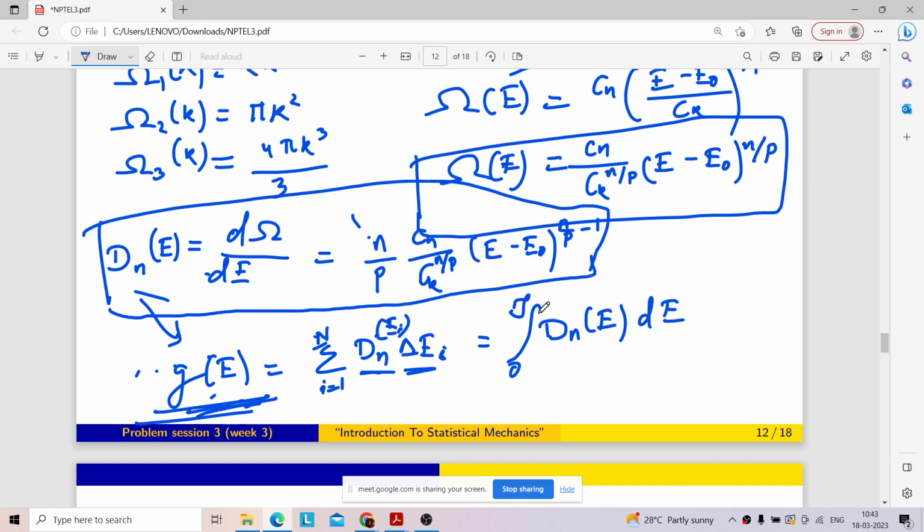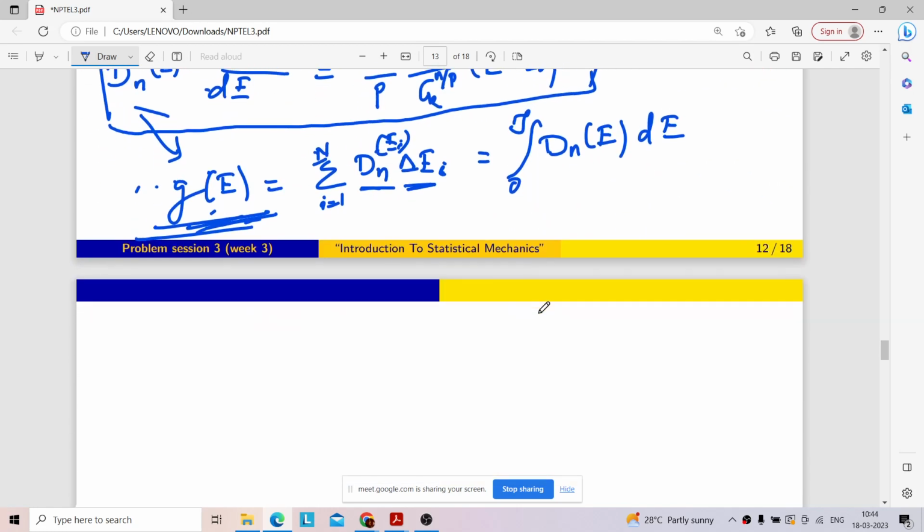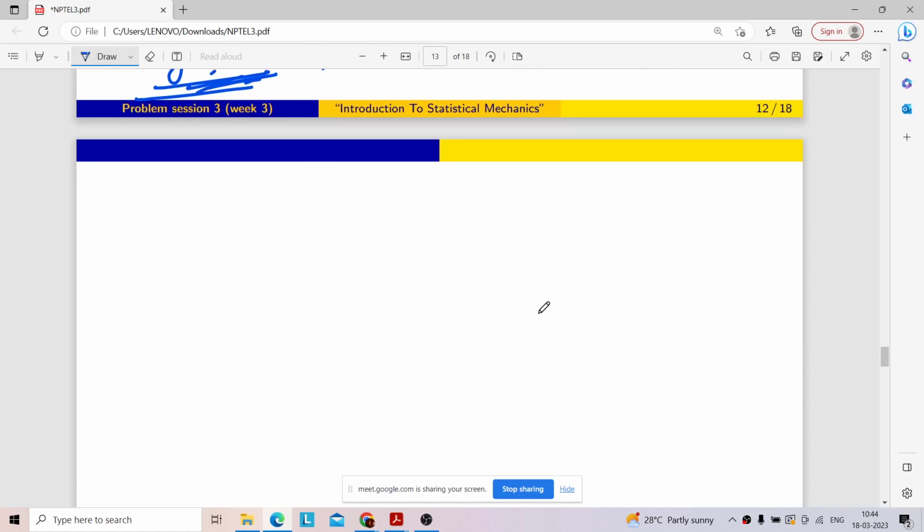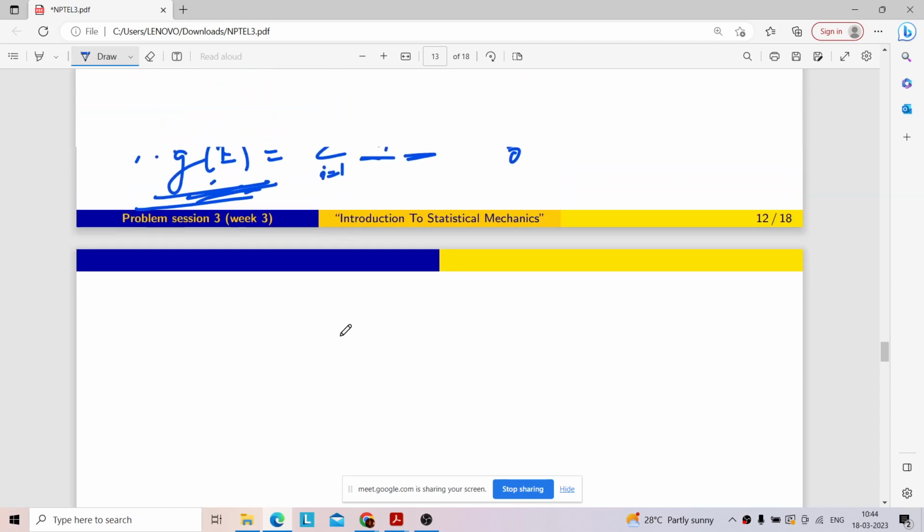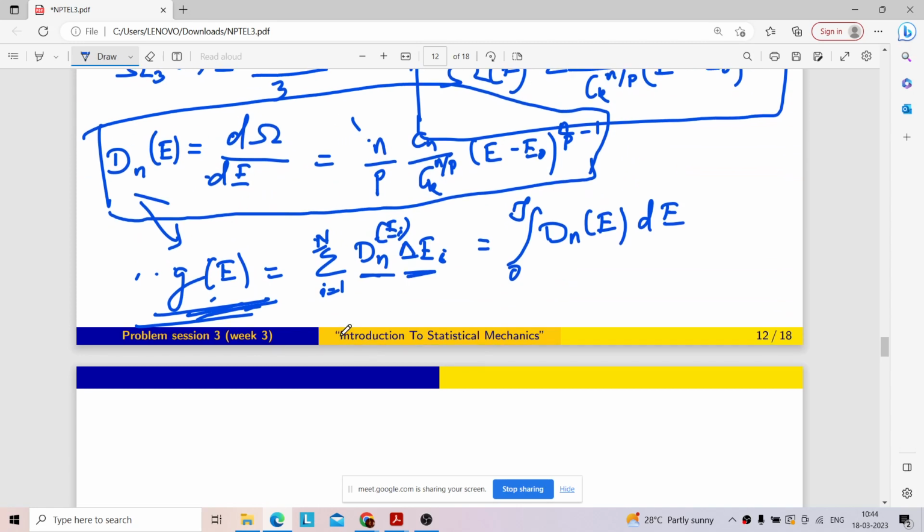So why am I doing this? Here a limit will be there, where this energy approaches 0.